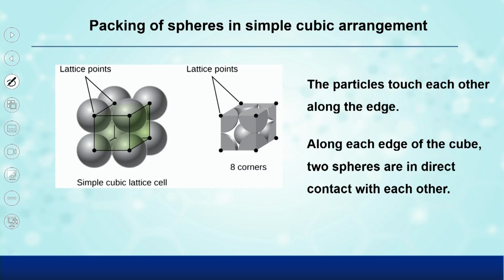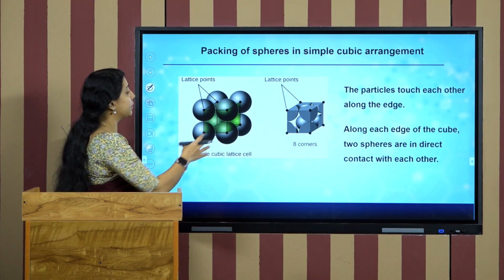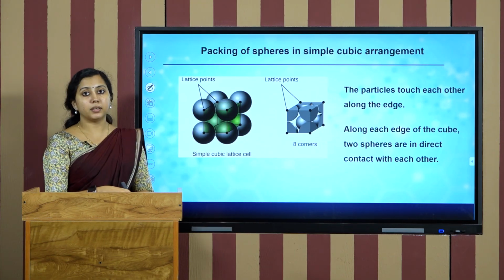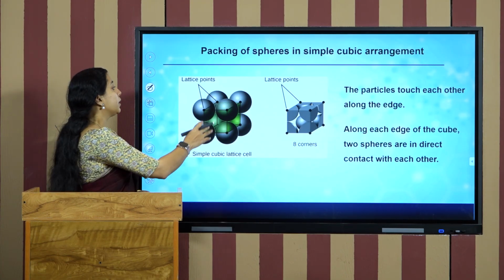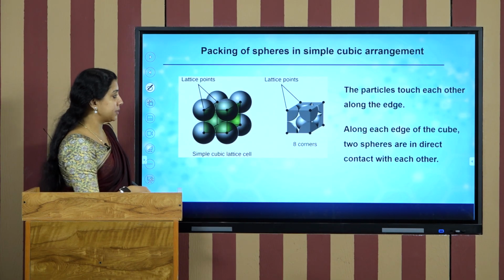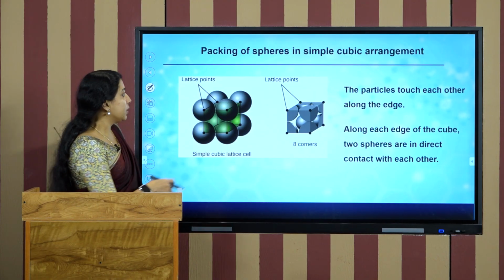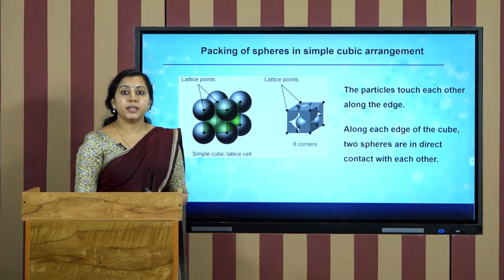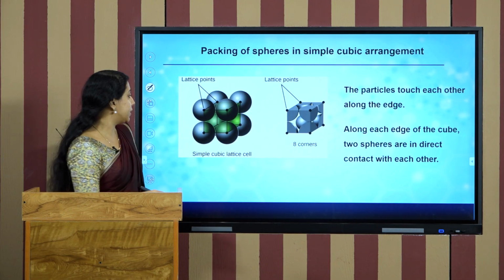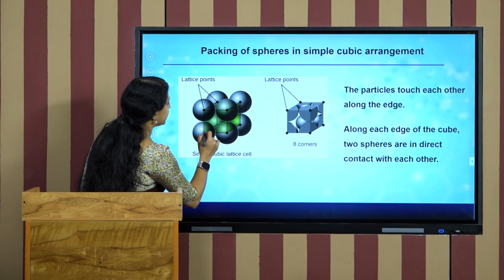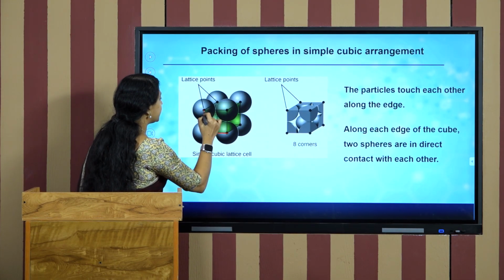We know that in a simple cubic lattice, the atoms are present at the corners. There will be 8 such corners in a simple cubic unit cell, so 8 atoms will be present. The particles touch each other along the edge, as you can see here. This is the edge of the unit cell.